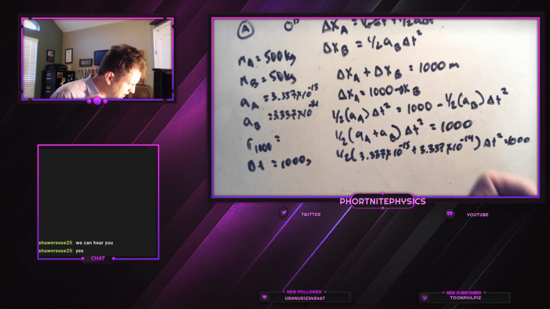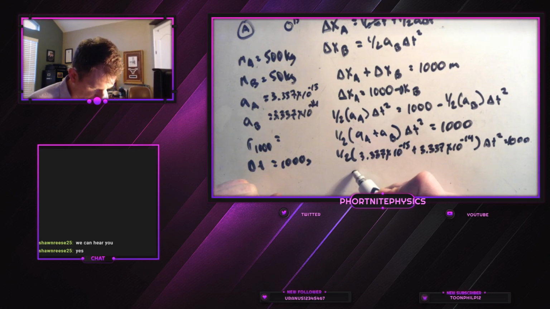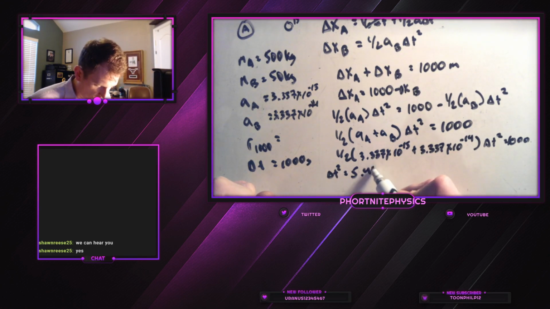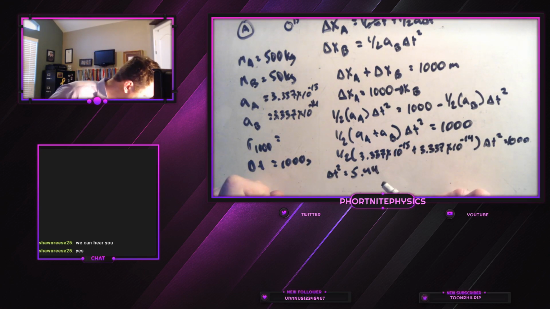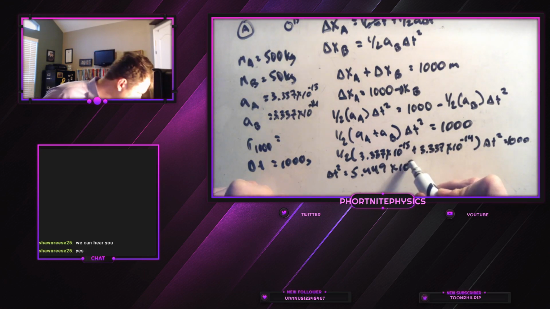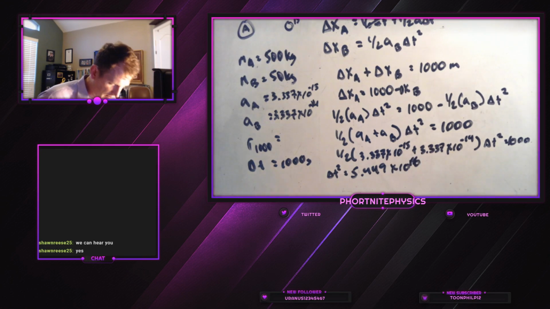And we end up with a delta t squared of 5.449 times 10 to the 16.